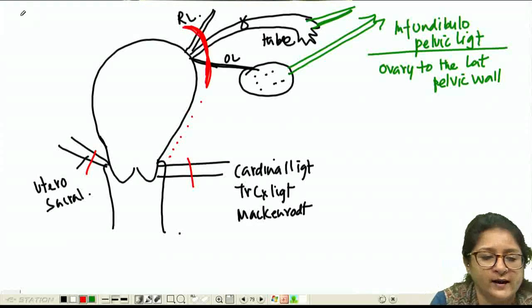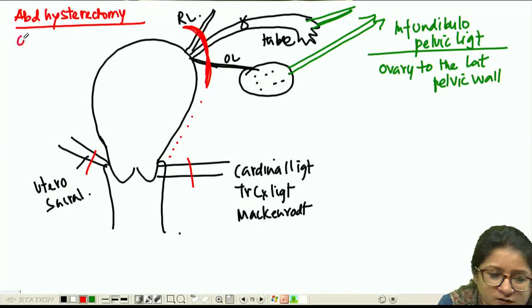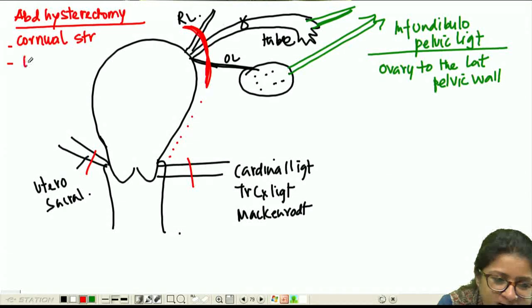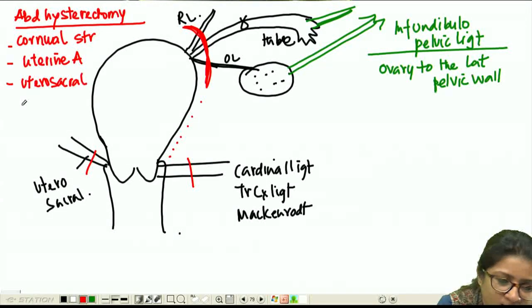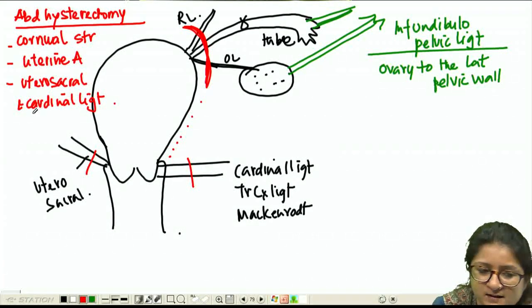So whenever we are doing abdominal hysterectomy, what is the sequence of clamps? The sequence is the cornual structures, then the uterine artery, and then the uterosacral and cardinal ligament. They mostly come together in the same clamp, sometimes separately, but this is the usual sequence.